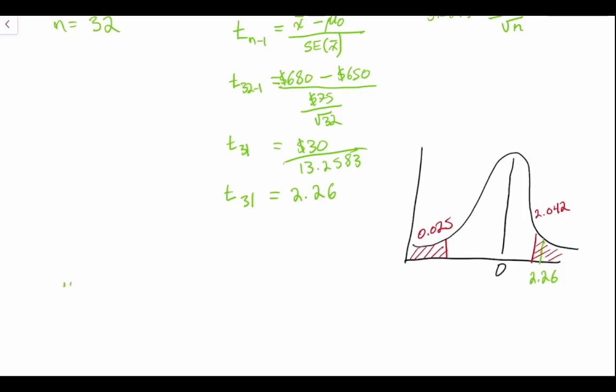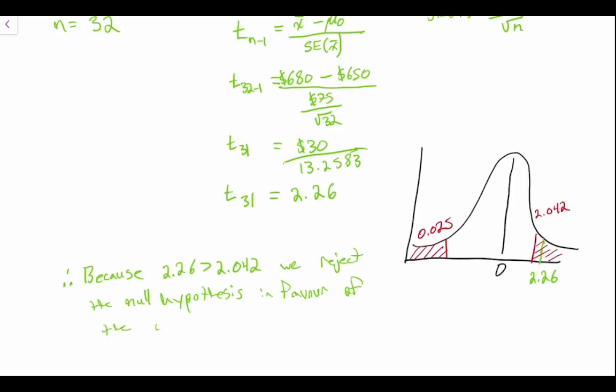So therefore, because .26 is greater than 2.042, we reject the null hypothesis in favor of the alternative.